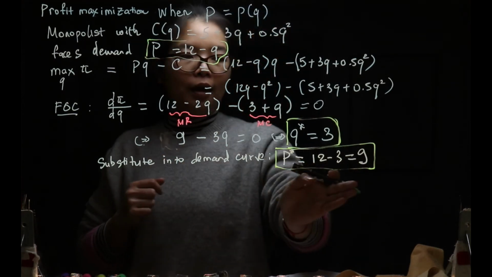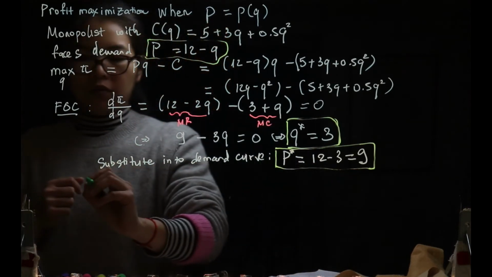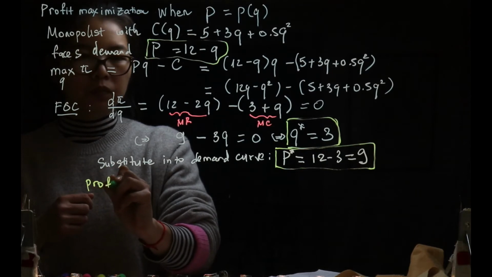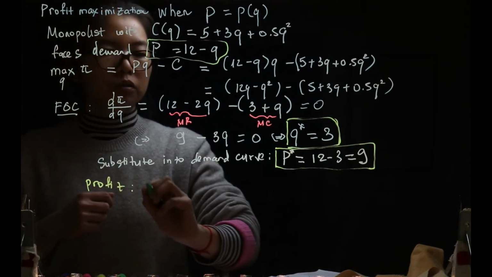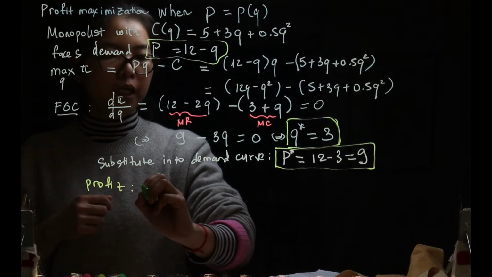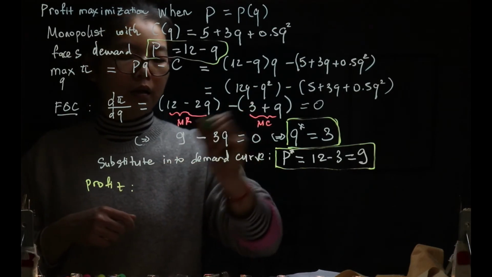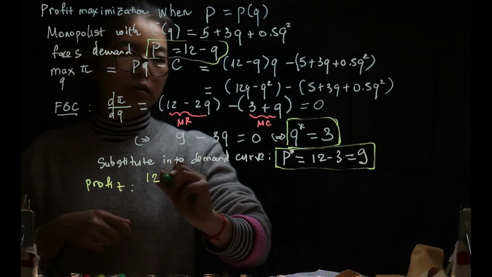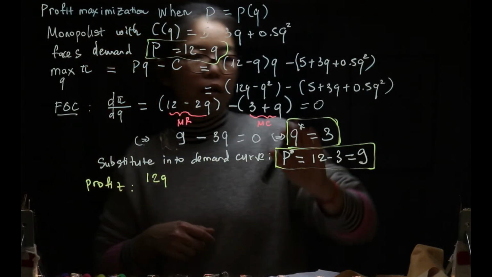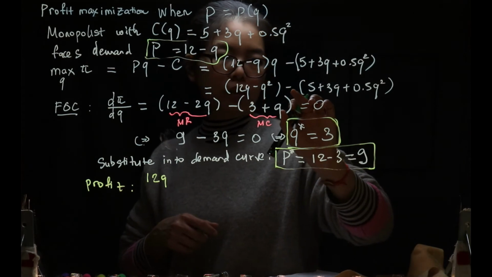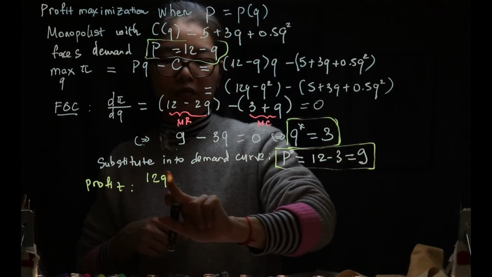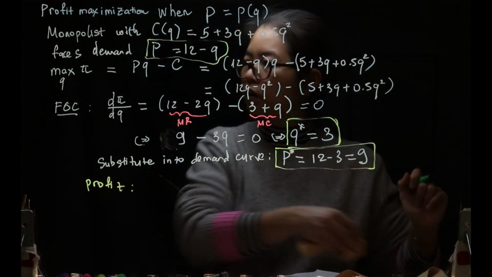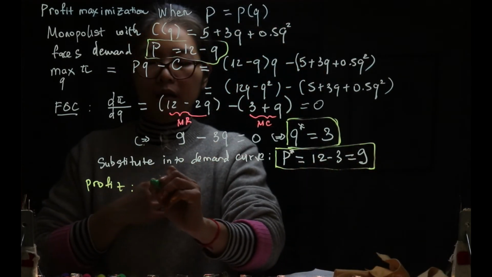And for this, let's calculate the profit. We could distribute this and simplify it before we calculate the profit, it would be less messy.